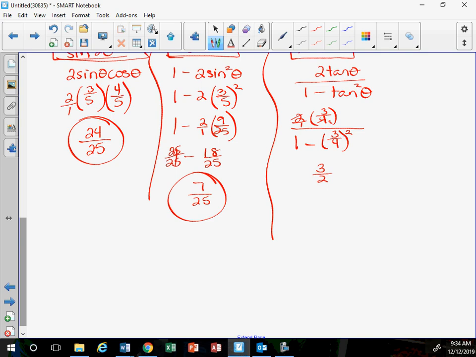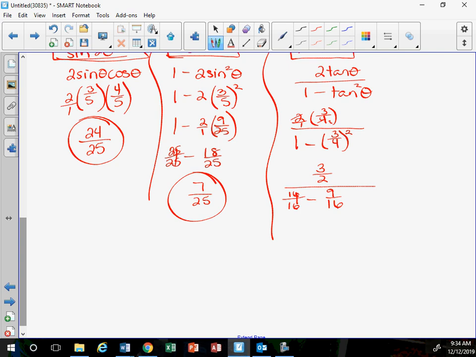Reduce before you multiply, guys. Make your numbers smaller before you make them bigger. All right, over 1 minus, this is going to be 9 over 16. So what do I need to turn the 1 into? 16 over 16. You guys are getting much better at that.